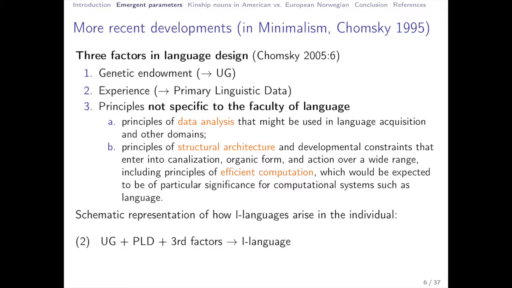They are principles of data analysis, and there can also be principles of structural architecture or efficient computation. And that gives us a slightly different schematic representation of how our languages arise. So we have UG, we have PLD, then we have the third factors, and that together will give us the I language.